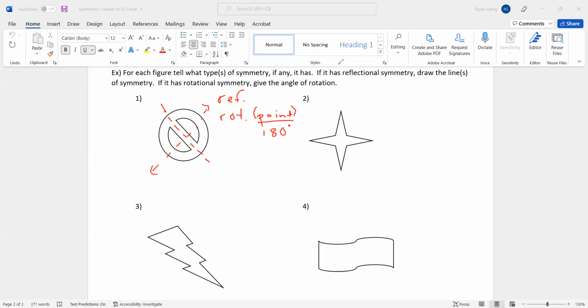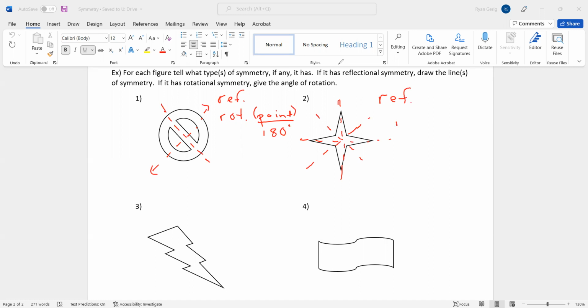Okay. Second one has reflectional, and there's one here and here, but actually you do have one here and here. Okay. So there's actually 4 lines of reflection here.